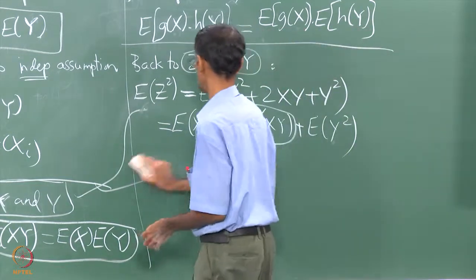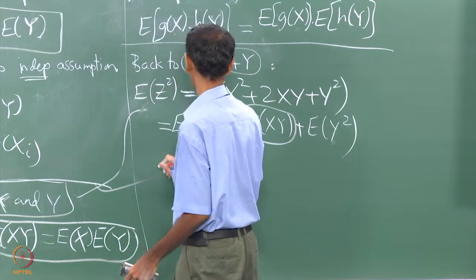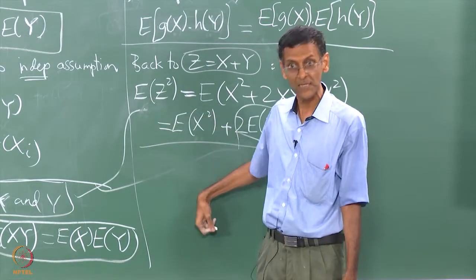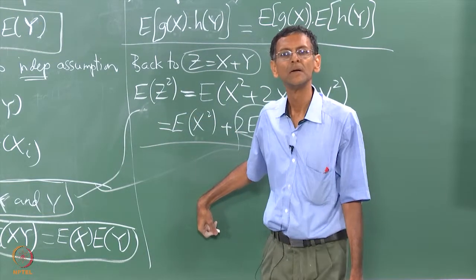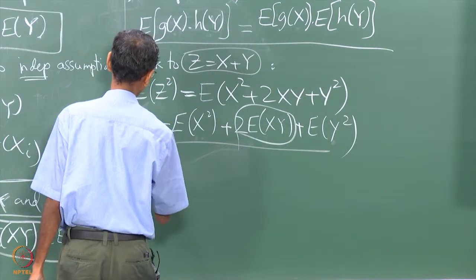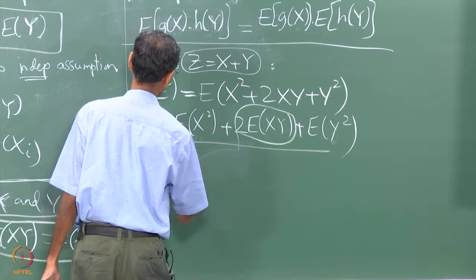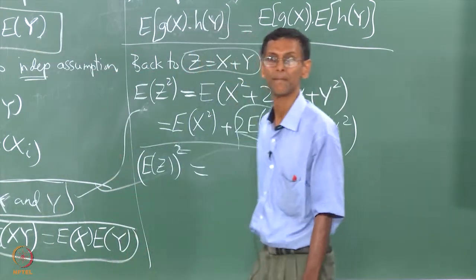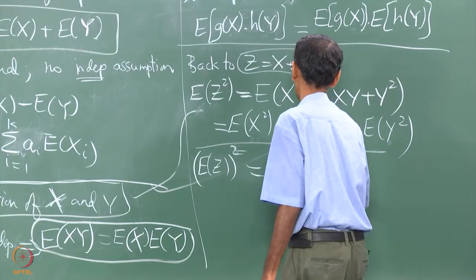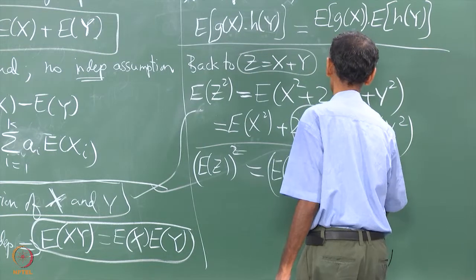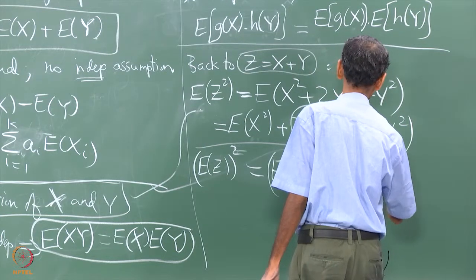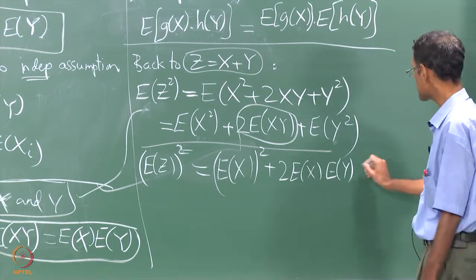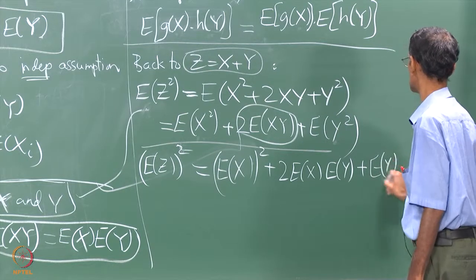Okay. But variance is not just this, right? Variance, this is minus what? What is E of z the whole square? From here, it is E of x the whole squared plus 2 Ex times Ey, plus E of y the whole squared.